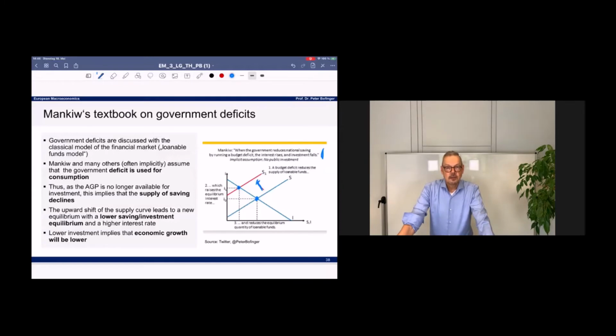So the Germans said, yes, we are willing to accept monetary union, but there need to be very stringent rules for fiscal policy. And so this is a very German initiative that has led to the Stability and Growth Pact.